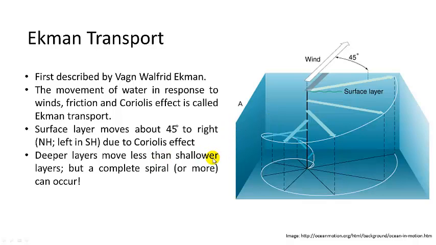Deeper layers will move less than the shallow ones because of the influence of the derived motion and the basic essential nature of friction. And it's quite possible for them to complete a complete spiral, or perhaps even more under special circumstances. This is a kind of complexity, but it's also a delightful surprise, something that we wouldn't expect, that we get a net motion of this current that's at quite an angle to the wind.